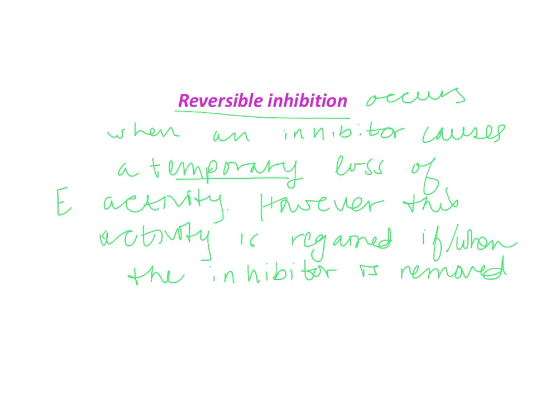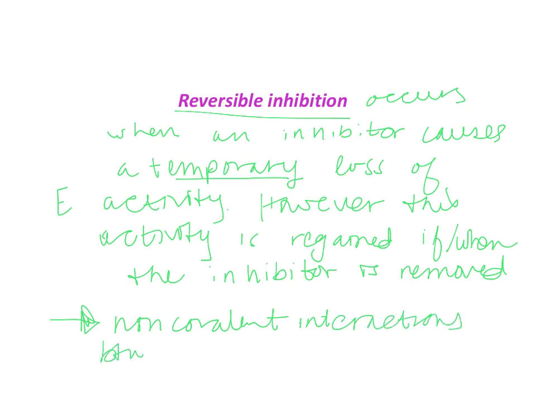Okay, so we've talked about reversible binding before, especially of a ligand to a protein or a substrate to an enzyme. And the reversibility is really driven by the non-covalent interactions between enzyme and substrate, protein and ligand, and in this case, enzyme and inhibitor.